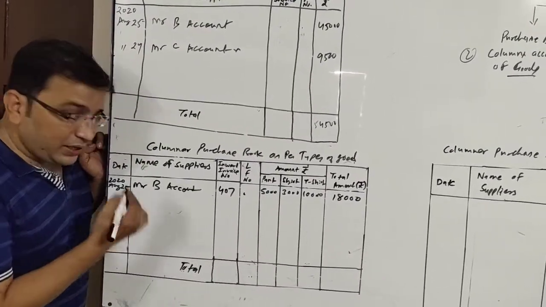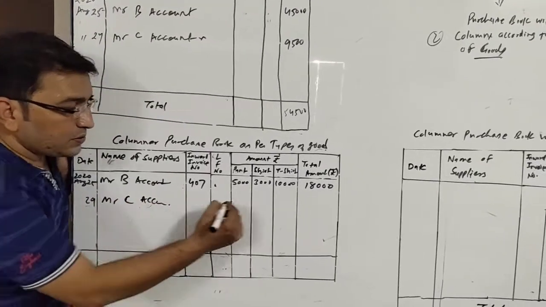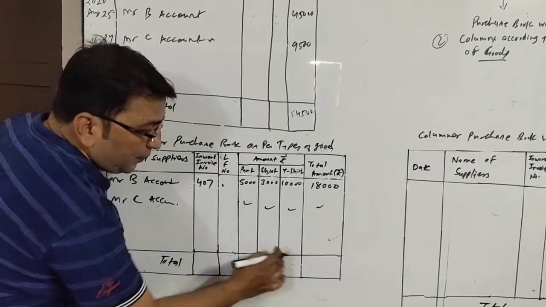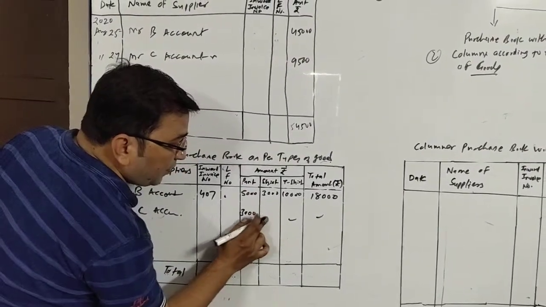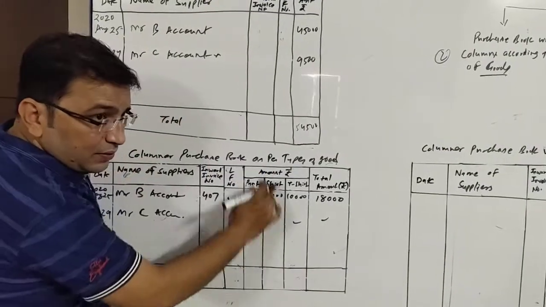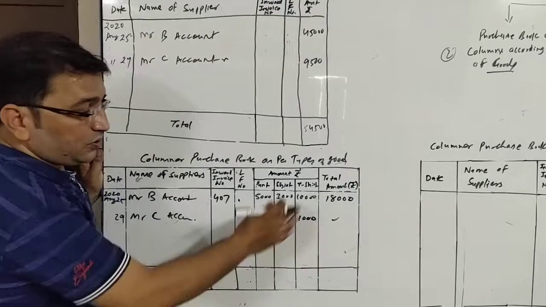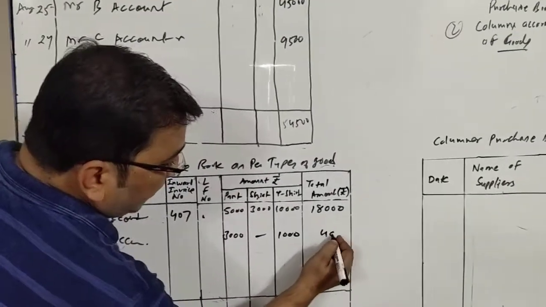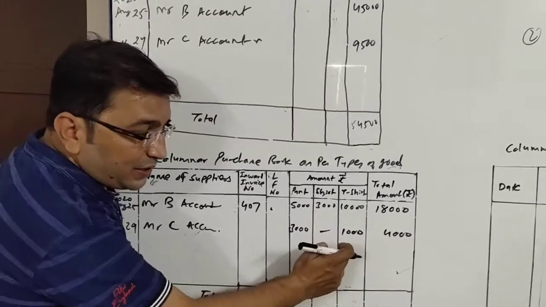Next day, suppose on the 29th, from Mr. C, we are buying other goods, and we will record accordingly. Suppose we are buying pant of ₹3,000, we are not buying anything like shirt, and we are buying t-shirts of ₹1,000. So it will be written like this: pant 3,000, no shirt, and t-shirt 1,000.